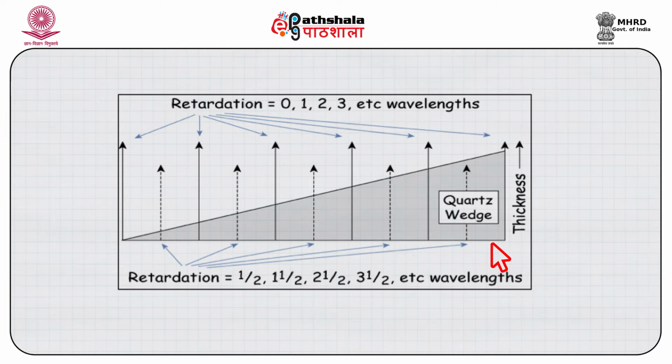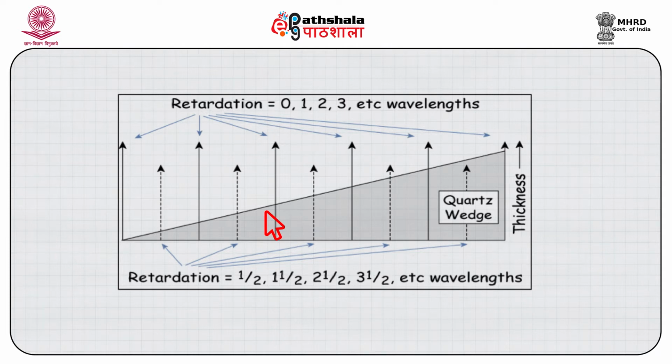When placed between cross polarizers, in the area along the wedge where retardation is a function of n lambda, that is 1 lambda, 2 lambda, 3 lambda, 4 lambda and 5 lambda, we will have areas which are dark, and areas where waves have a retardation other than 1 lambda, 2 lambda or 3 lambda, we will have the brightest illumination.